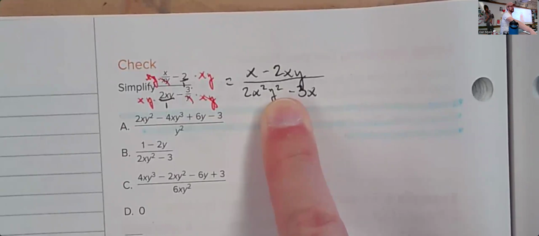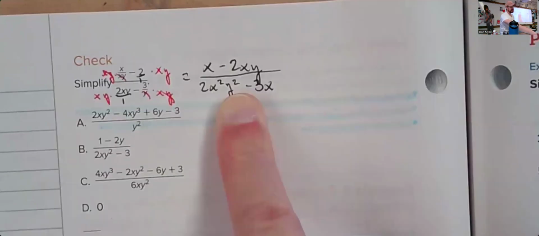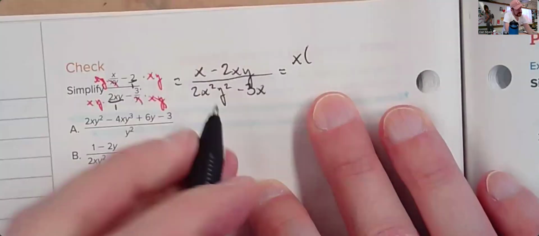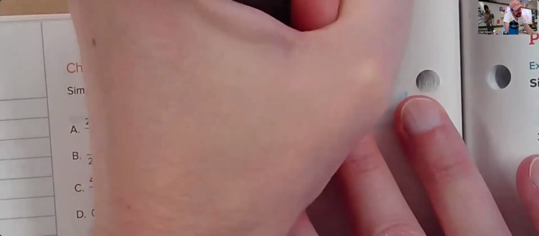What is our common factor between these two terms on the numerator? X, yeah. So factor out an x. If you factor out an x from x, you got a placeholder of 1. Factor out an x from the minus 2xy, you've got minus 2y.